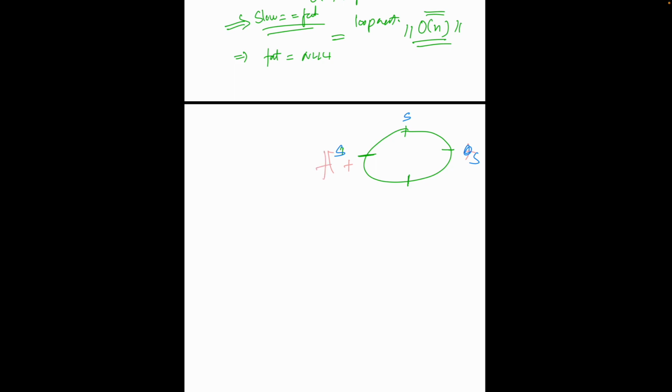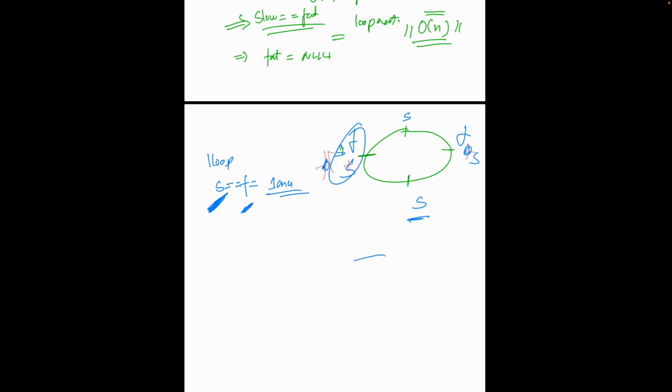Then slow will come here, fast will go here, and then slow will come here, fast will go here. If you see, in one loop slow and fast were exactly once at the same spot. So by the time slow is done with the first loop, fast will find him.